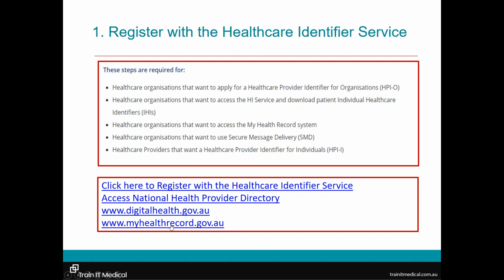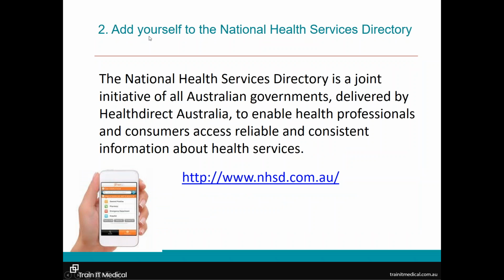I would also suggest you access the National Health Provider Directory and add yourself to the National Health Services Directory. This one's a joint initiative delivered by Healthdirect, so it enables both health professionals and consumers the ability to access information about health services.